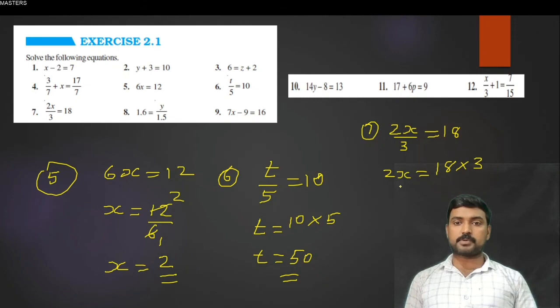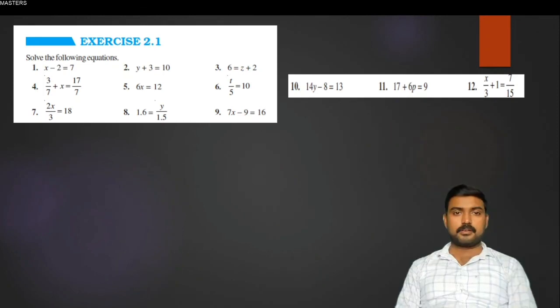After transposing 2, we can cancel the common factors. So x is equal to 18 by 3, and 2 is multiplying here, so if it is transposed it becomes division. Now we know that 2 is 1 time, 9 twos are 18. So 9 is there, here 1 is there. So 9 threes are 27. So we got the answer x is equal to 27.